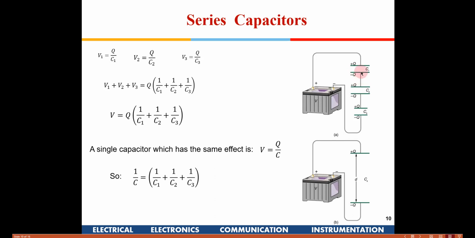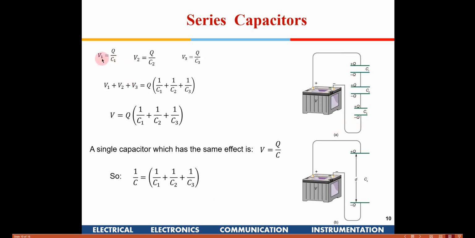Since these are interconnected, you will find again the same amount of charge. These charges cannot be different because they are interconnected. So all three capacitors will have the same amount of charge, plus Q and minus Q. It can't have some other value of Q because they are connected in series.